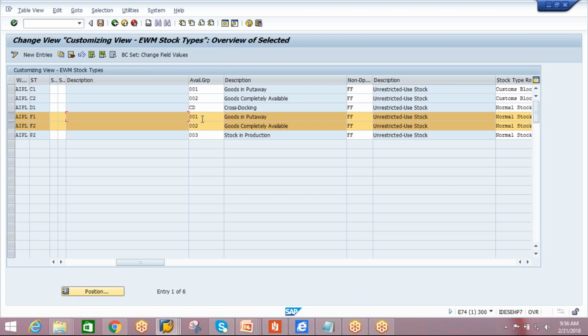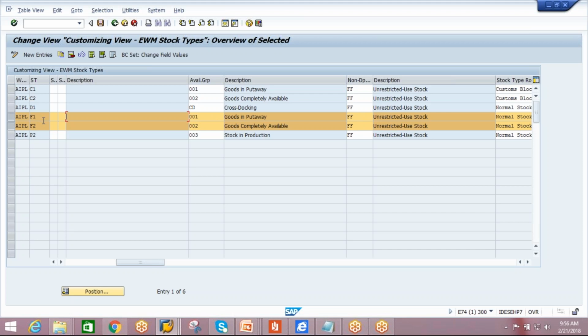Now, where are these availability groups mapping to our storage locations? Got it, sir? Here, from the ECC, we are getting FF and non-location dependent stock type. Now, according to availability group, this is divided into two parts, F1 and F2.